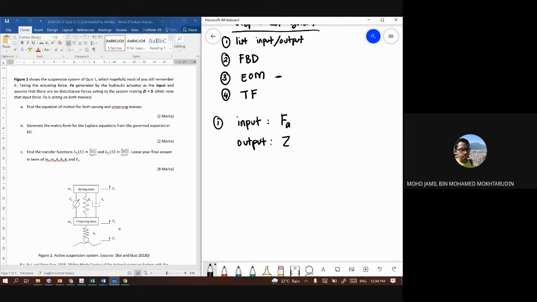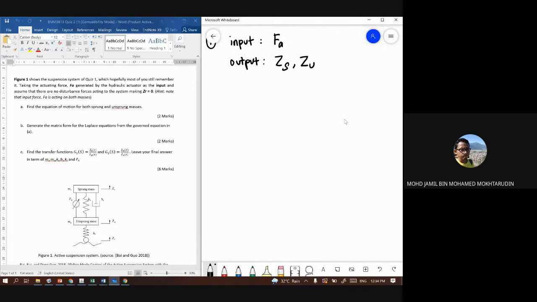So output can be ZS or ZU. Then we draw the free body diagram. As I said last time, make sure that your free body diagram is correct. The most important part is the free body diagram. If it is not correct, then the rest of the answer will be incorrect as well. So please make sure the free body diagram is correct. So let's go to the sprung mass.